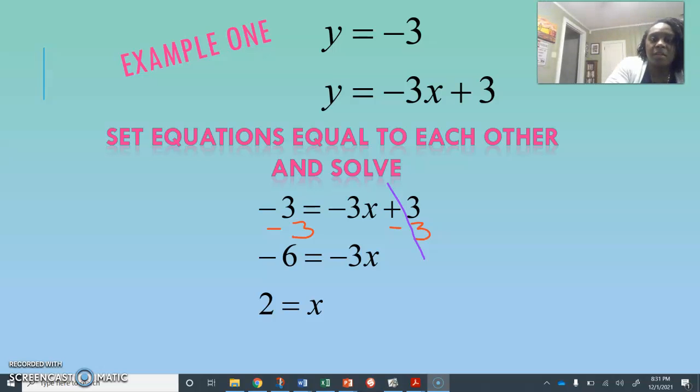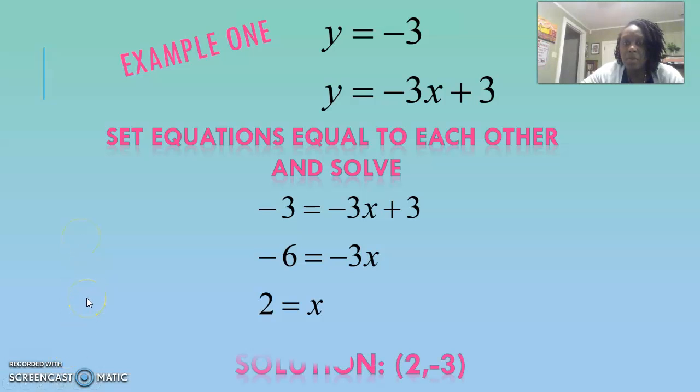And then our last step is to divide by negative 3 on both sides, which is how we got the positive 2. And then from there, I was about to say where the y is, but we've actually already solved for y. So our next step is to just go ahead and write our ordered pair, which is (2, negative 3).